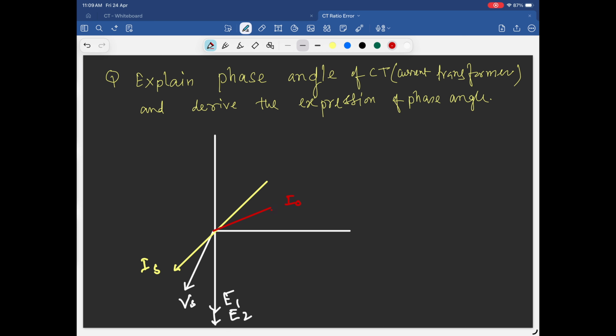I0 is the no load current, which makes an angle alpha with the flux phi. It has two components, Im and IE. Im is the magnetizing component, and IE is the working component.